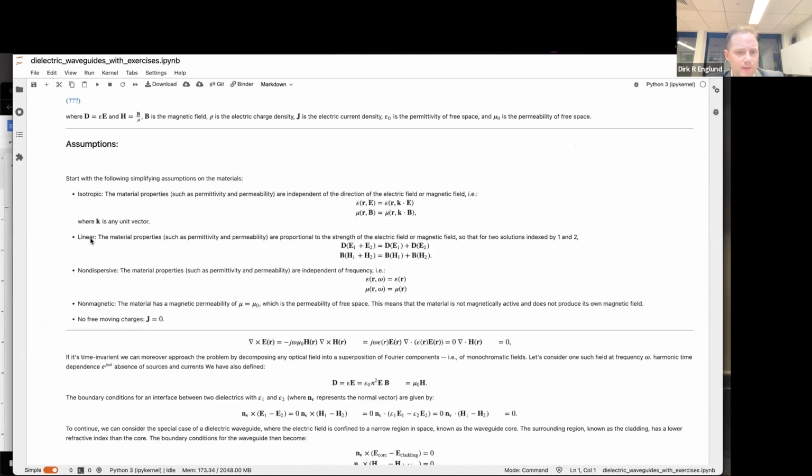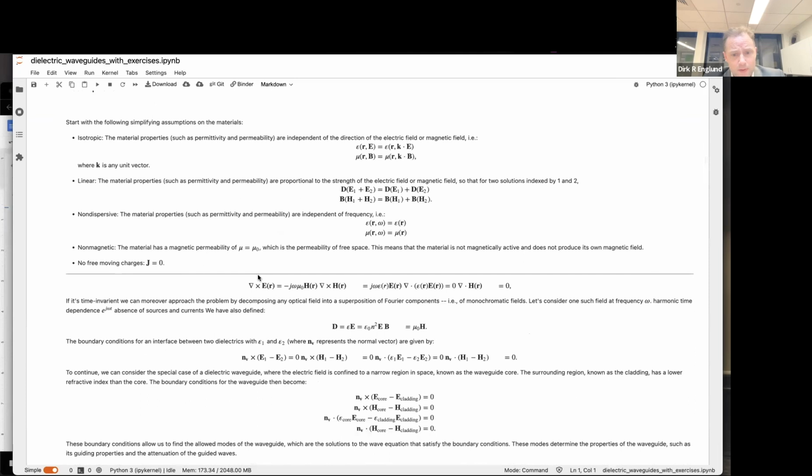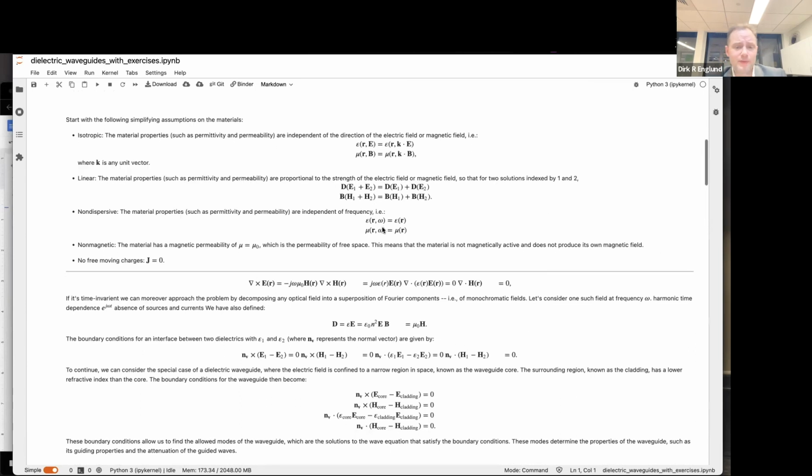Okay, the material should be linear, so that if we look at the displacement field or the magnetic flux density for this, when we have a sum of electric fields locally, then that is distributive. The material should be non-dispersive, meaning that the material properties are independent of the frequency of the field. This also doesn't necessarily have to be true, but it makes the math easier for now.